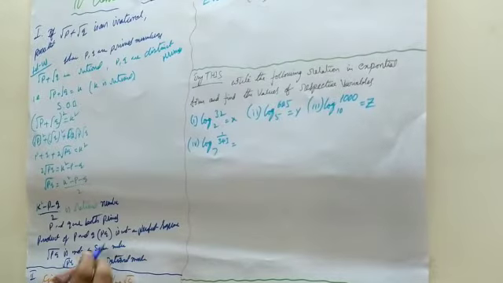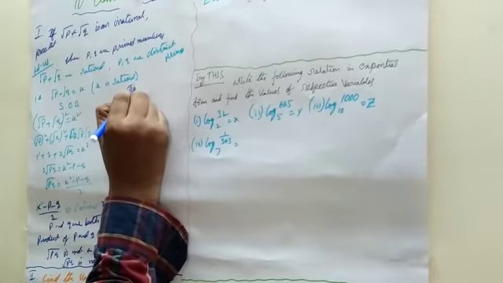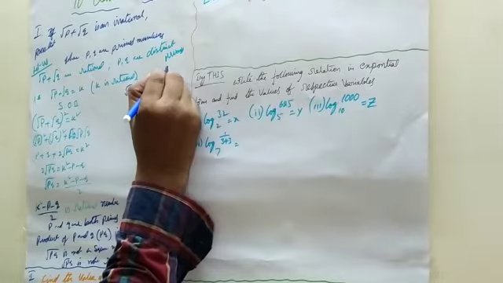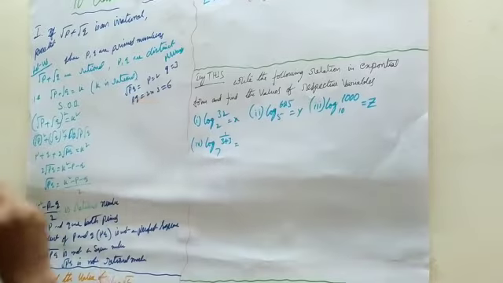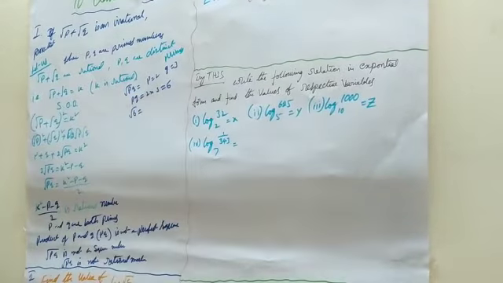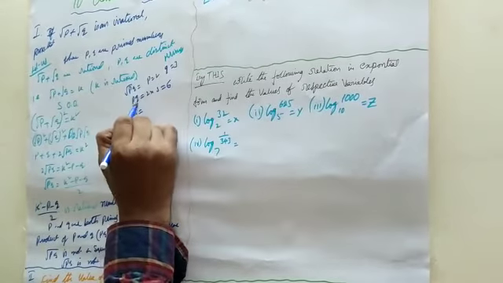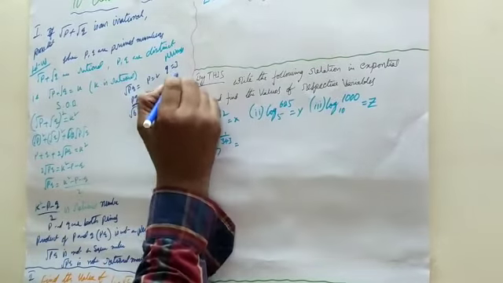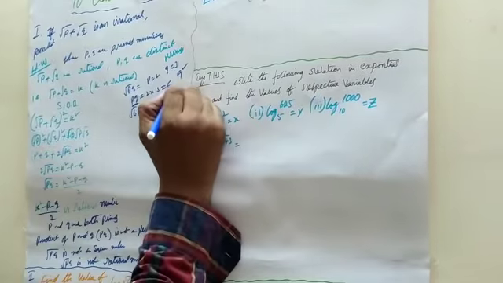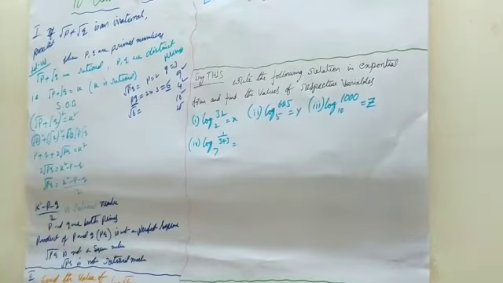Why? For example, take p equal to 2 and q equal to 3. Then p into q is 2 into 3, which is 6. Root 6 is not a square number. 6 is not a perfect square; for example 9 is a square number, 4 is a square number, 16, 25 like that, but 6 is not a square number.